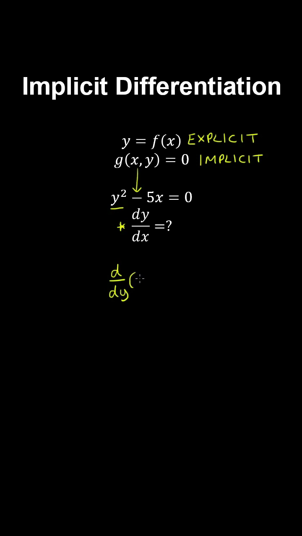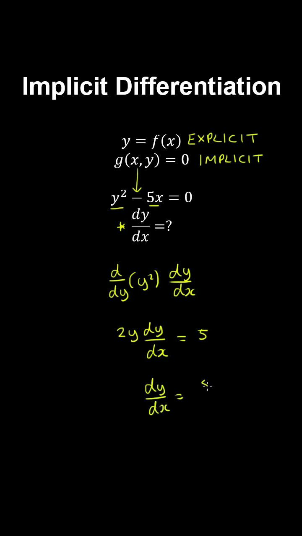So differentiate with respect to y first, and multiply that by dy/dx. And for the x terms, we can just differentiate them directly. So what we end up with is 2y dy/dx minus 5, which we'll put on the other side, and we divide through by 2y, and that gives the derivative of y with respect to x.